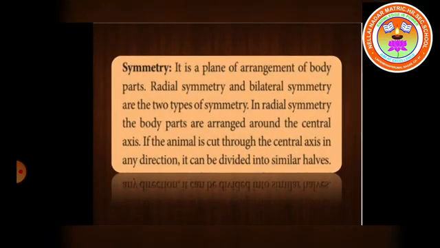Next we will see about symmetry. Symmetry is the plane of arrangement of body parts. Radial symmetry and bilateral symmetry are the two types. In radial symmetry, the body parts are arranged around the central axis, and if the animal is cut through the central axis in any direction, it can be divided into similar halves.